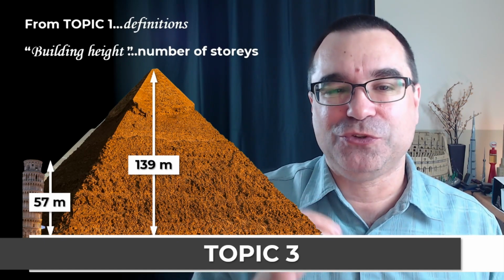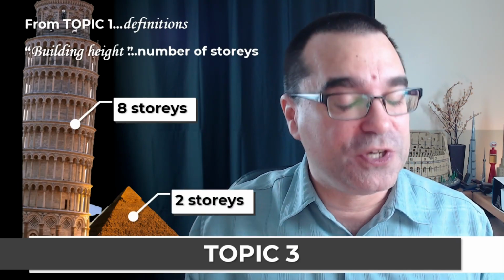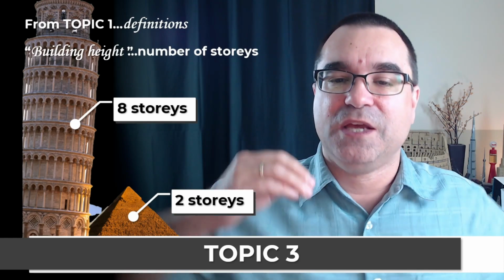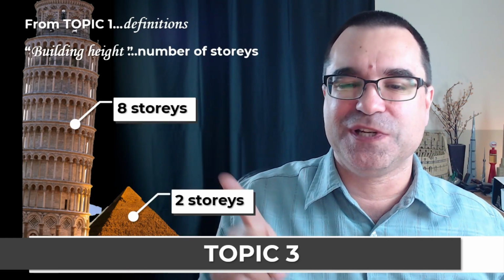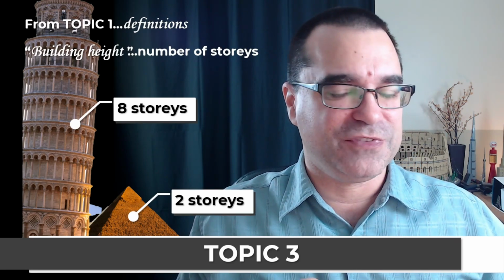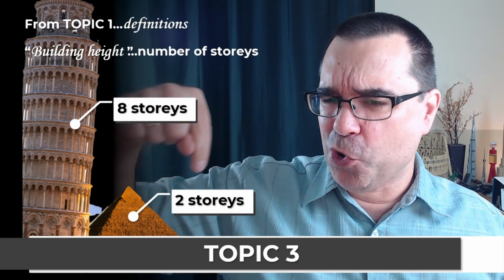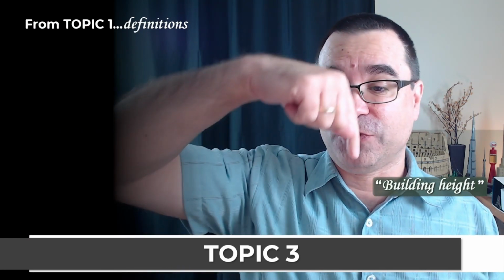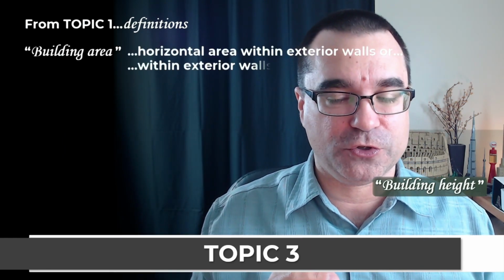According to the Ontario Building Code, this is what they look like, because it only looks at the number of stories to identify a building height. The Leaning Tower of Pisa has 8 stories, whereas the Pyramid of Giza only has 2 stories within it that we know of. But that's important. So the first ingredient we're going to be using is the definition of building height according to the Ontario Building Code.